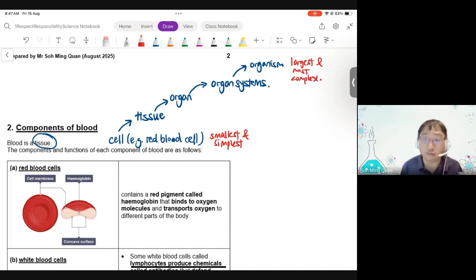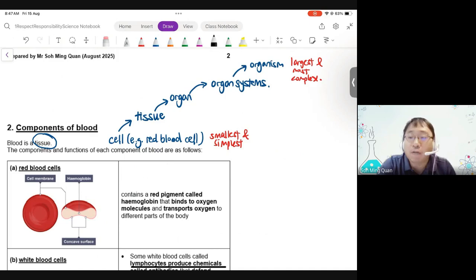Okay, so this is just a revision from last year where you had learned cell, tissue, organ, organ systems, and organism. Okay, so now let's look at the components of blood. Now, blood is very important. You might know that blood carries oxygen, but specifically, which component of blood carries and transports oxygen? It's the red blood cells. Now, red blood cells are the most plentiful component of your blood. So your blood is mostly, in terms of cells, red blood cells.